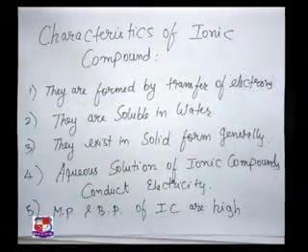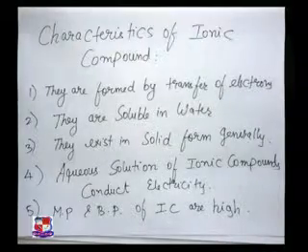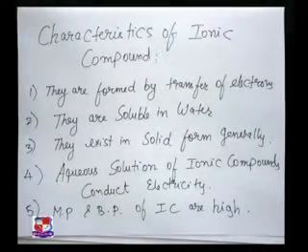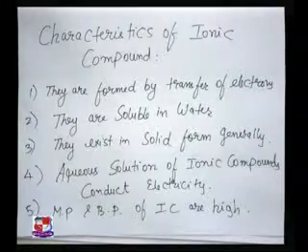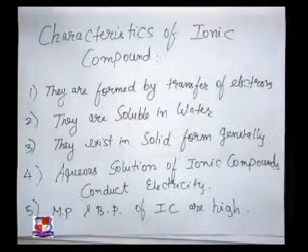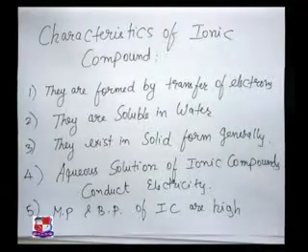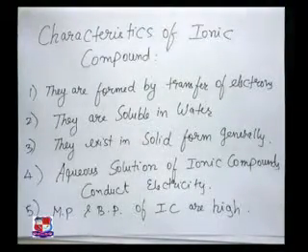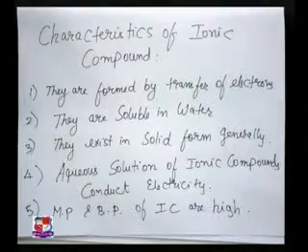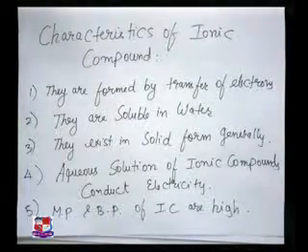Okay, ionic compounds, very interesting one. How are they formed? Basically formed by the transfer of the electrons. And second thing, when there is a transfer, we have also chosen some examples that we will have a look at. Then ionic compounds like NaCl are basically soluble in water.